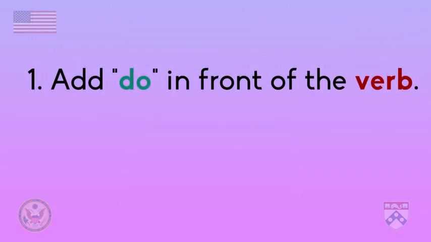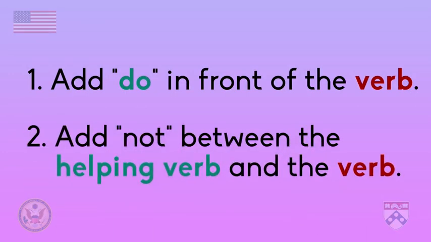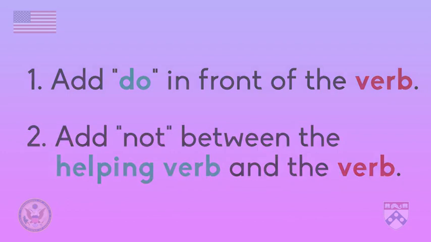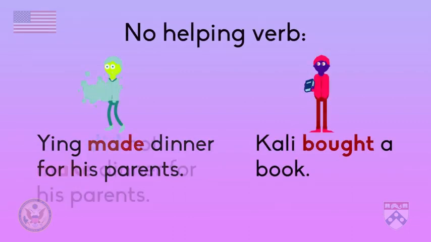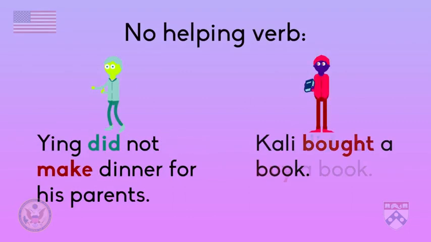So if we want to add a negative to sentences like these, we must first follow two steps. First, add the helping verb do in front of the verb. Second, add not between the helping verb and the verb.